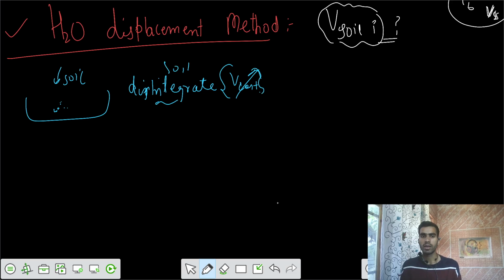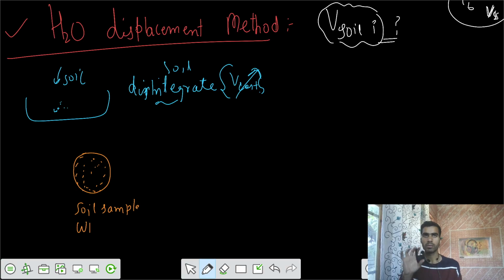That soil disintegrates. To overcome this effect, we are saying let's make a soil sample in some sort of regular shape, like a ball. Let's say this is our soil sample of weight W1. We are going to make some sort of ball, regular shape. Then we have molten wax.